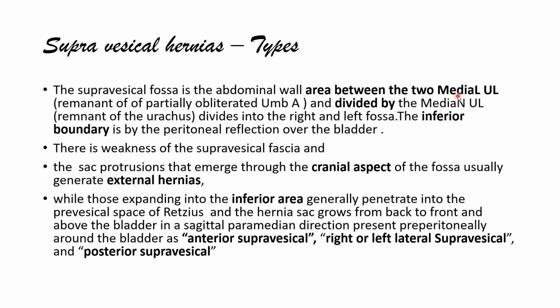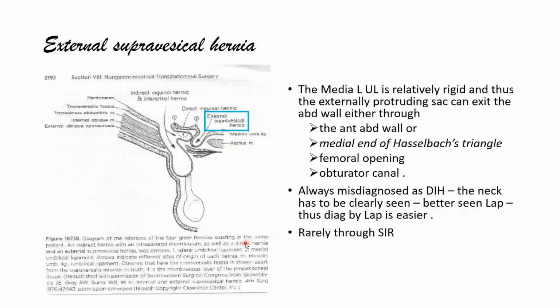The inferior boundary is the peritoneal reflection over the bladder, and weakness in the supravesical fascia leads to genesis of an external hernia, or it could be an internal hernia, right? The internal hernias could be anterior, right and left, and posterior. I don't think you need to know that, as only PG students may be required to know what an internal supravesical hernia is. But just remember why supravesical hernia is important.